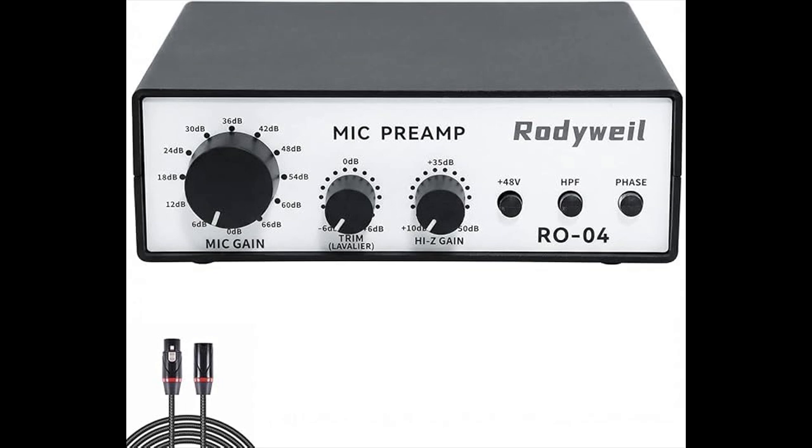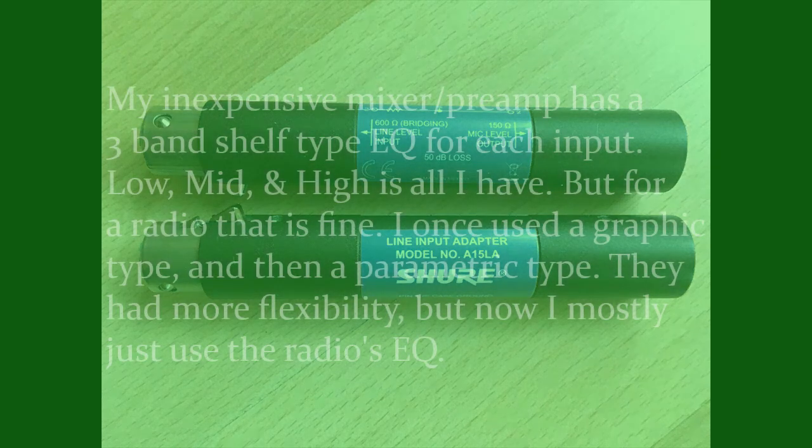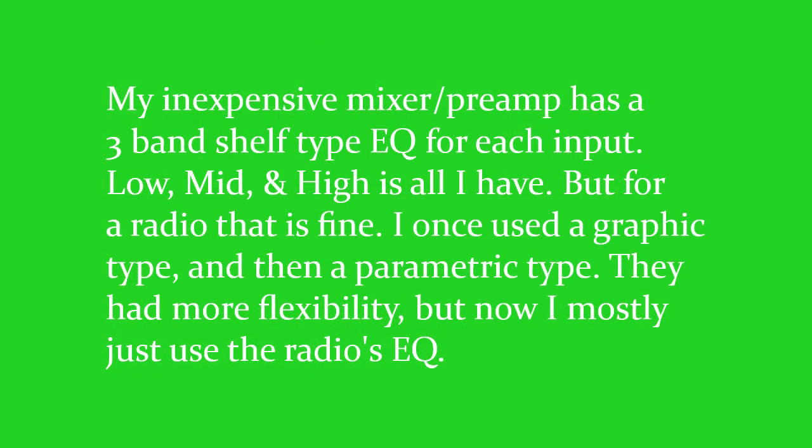There is no equalization. Testing 1, 2, 3, 4. End of recording. Radio equalization is set to 1. Set to 1. 1, 2, 3. End of test. Radio equalization is set to 2. Set to 2. 1, 2, 3. End of test. Radio equalization is set to 3.